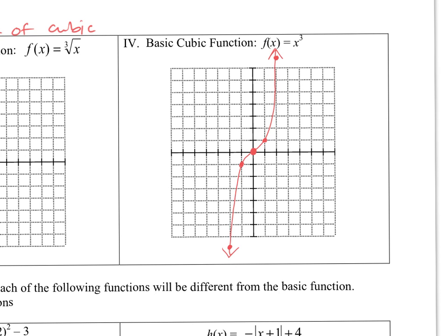So I've got an oddness about it, right? Anytime you have an odd function, it's going to have rotational symmetry. And the reason why that works is because negative numbers to an odd power are still negative. If it's an even power, they become positive.